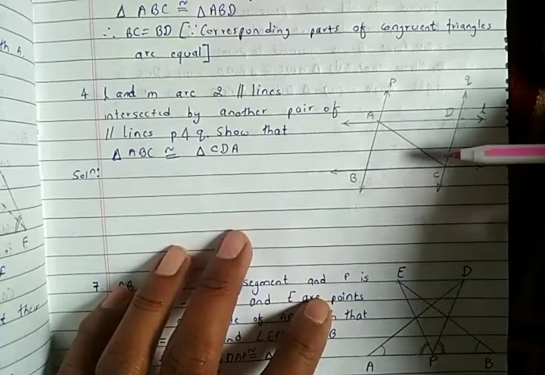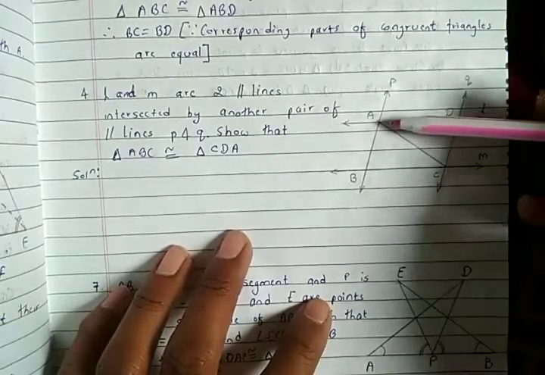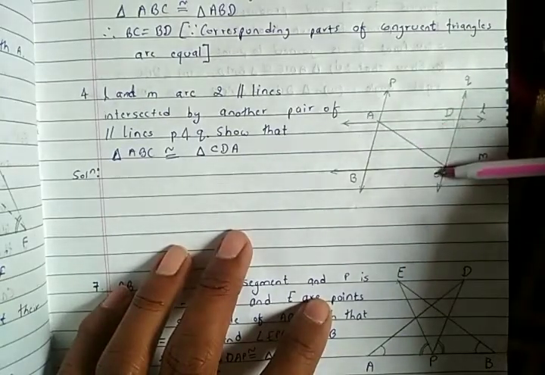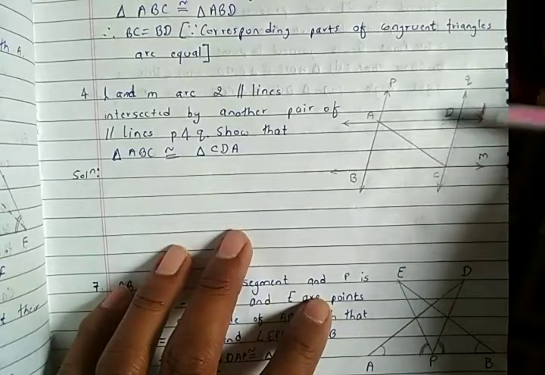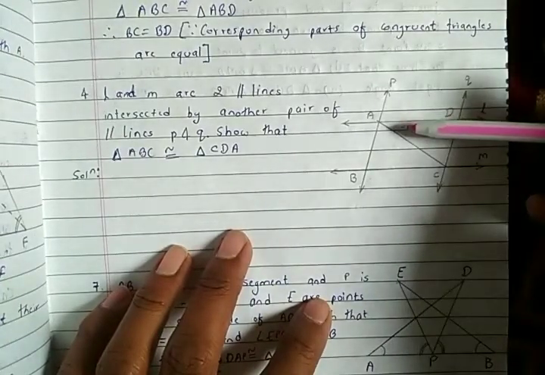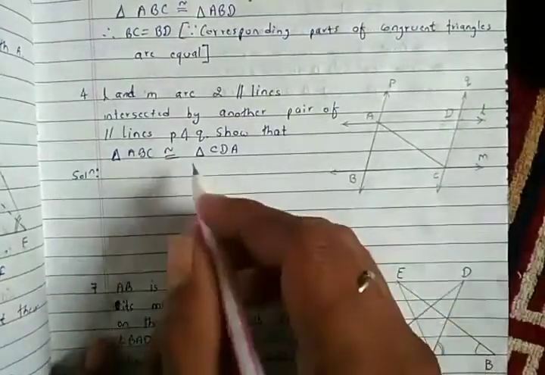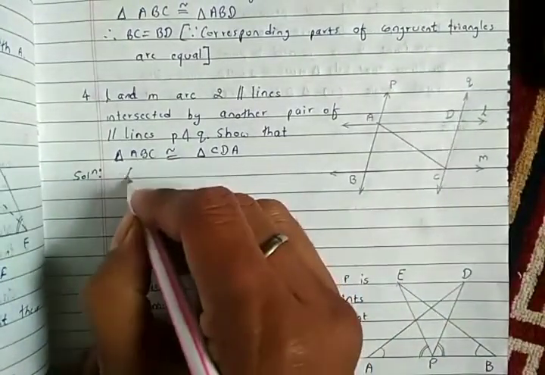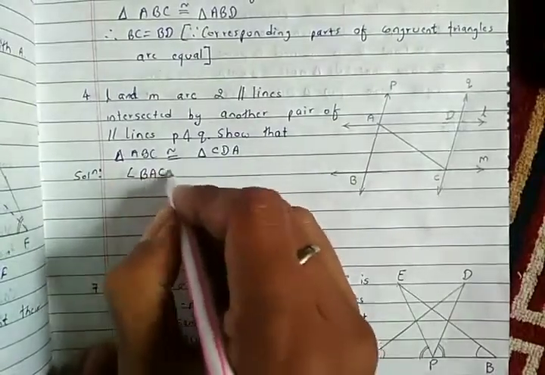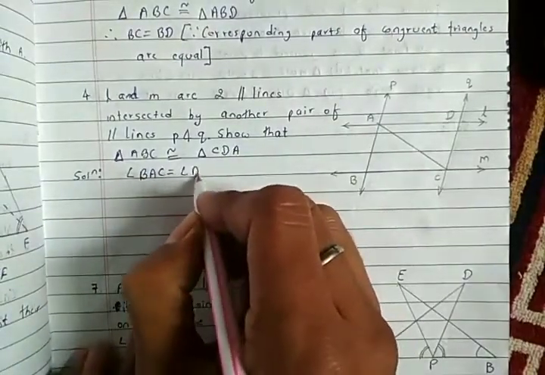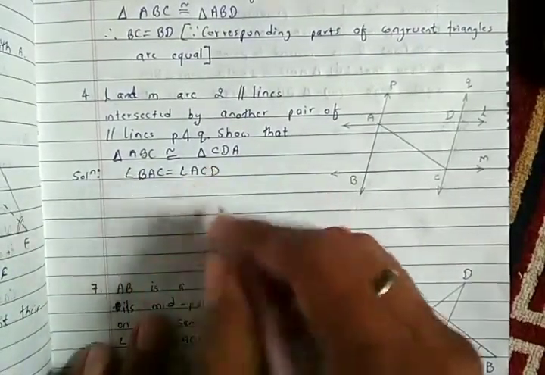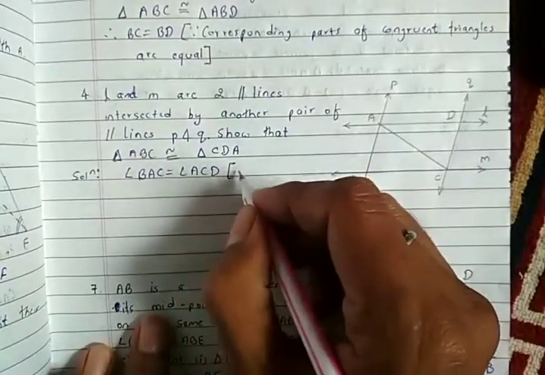Now we have to show that triangle ABC is congruent to triangle CDA, right? So how will we prove this? First, what information is given? Angle BAC equal to angle ACD. These are alternate angles, right?